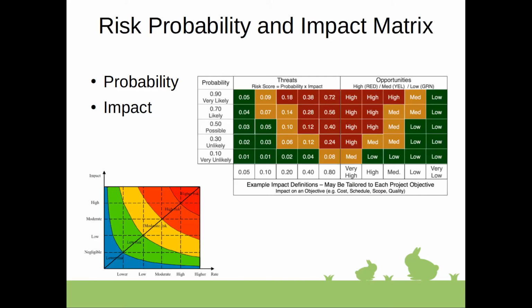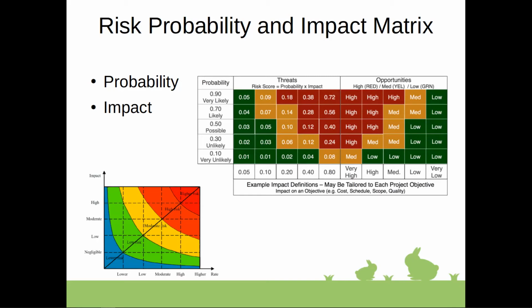Risk probability and impact matrix basically allows you to add 2 dimensions to risk review. One is probability and another one is impact.